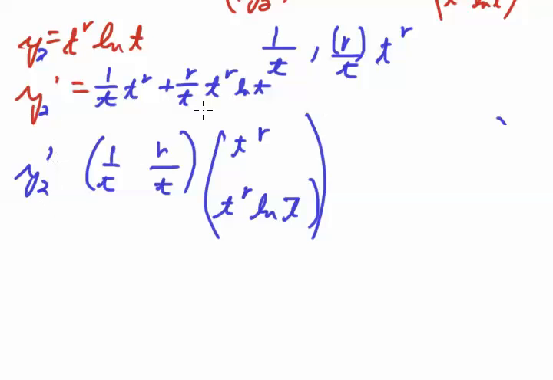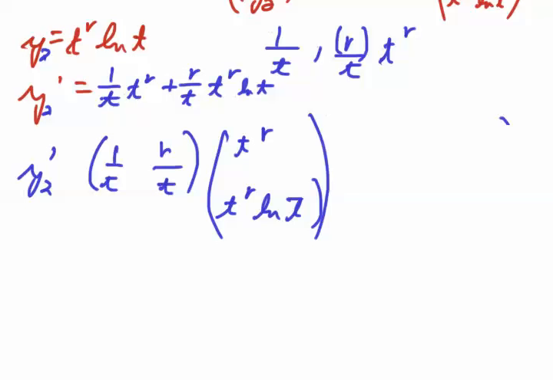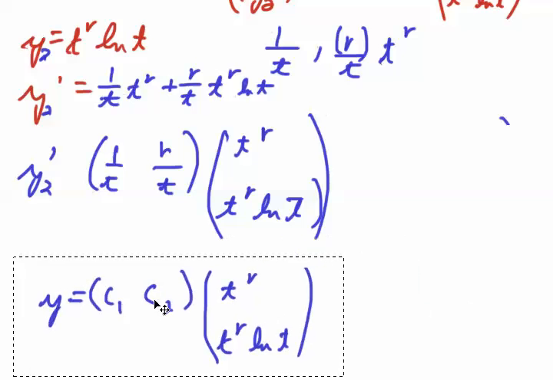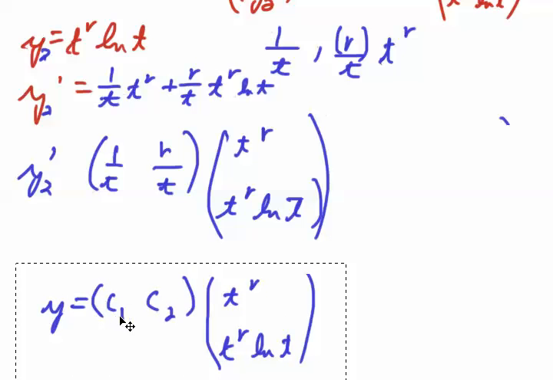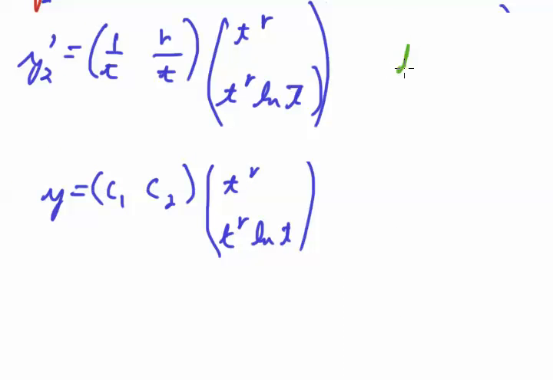This is the second part of the derivative. If we want to define the entire homogeneous y, it's going to be equal to a constant times t to the r plus another constant times t to the r natural log t. And we can note that t to the r prime is going to be r over t times t to the r.